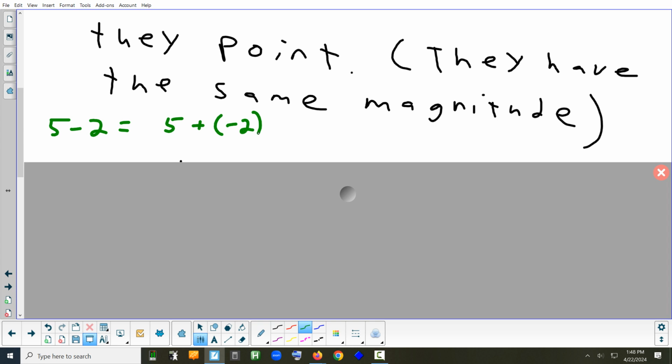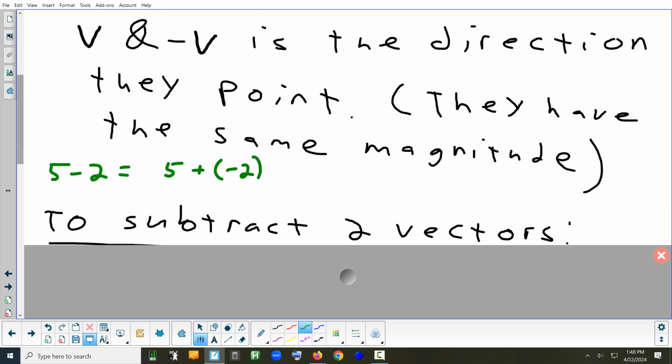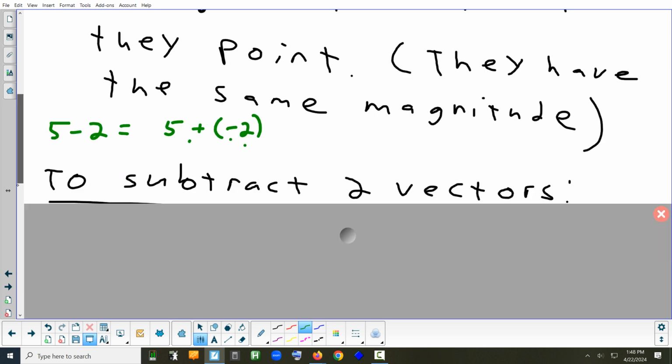If you add the opposite of a number, you're really doing subtraction. And that's exactly how you subtract two vectors. Instead of trying to think of a new method, we don't do anything new when we subtract. We're going to add the opposite of the second vector. What does it mean when you put a negative in front of a vector? It points in the opposite direction. So instead of subtracting, just add the vector that points the other way, and that's subtraction.